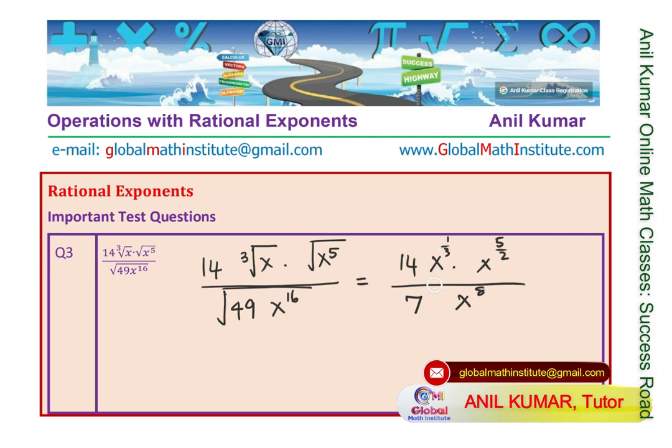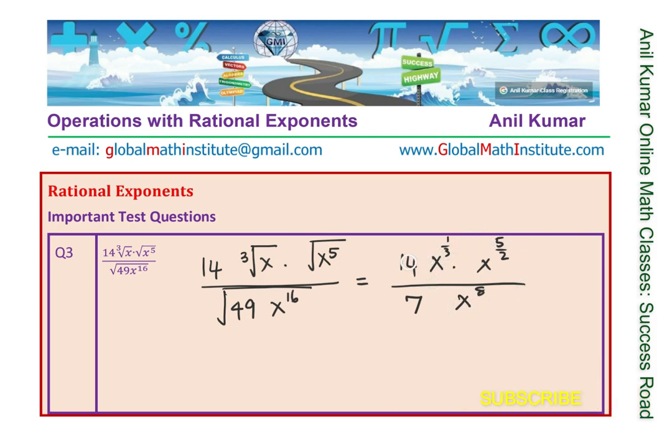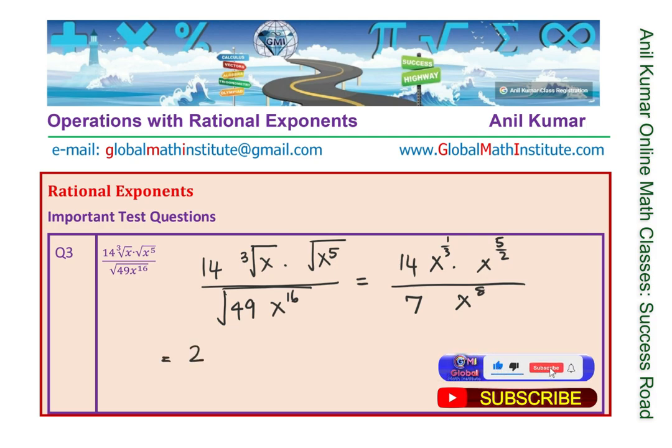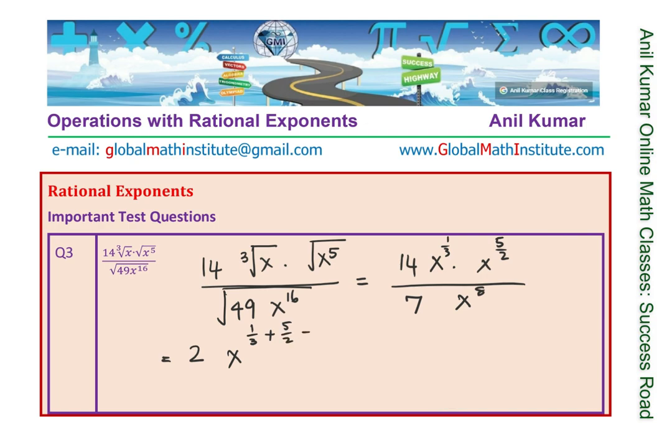Now, we have the powers of x which can be combined together. 14 divided by 7 will give us 2, right? So we get 2 x to the power of 1 by 3 plus 5 by 2 minus 8. So that gives me 2 times x to the power of common denominator being 6, right?